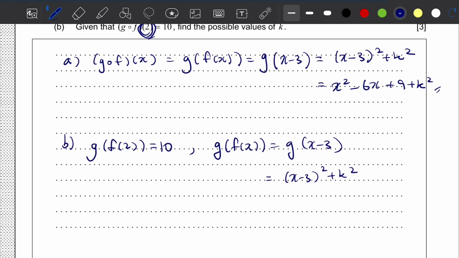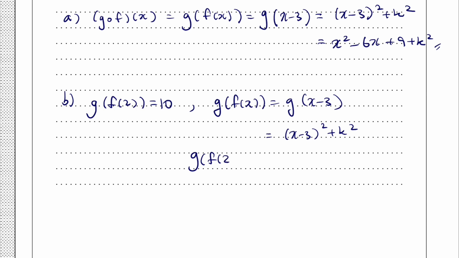Since now we know that x is equal to 2, we can do g of f of 2, which is the same as g of 2 minus 3, and is equal to 2 minus 3 squared plus k squared, and is equal to 10.